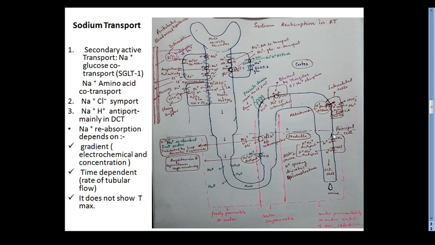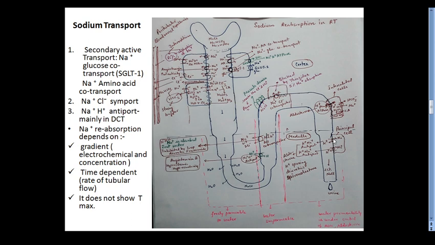Similarly, in the DCT and in the CT part of this renal tubule, there are principal cells, and these principal cells have two kinds of antiport channels: the sodium potassium antiport channel and the sodium hydrogen antiport channel.